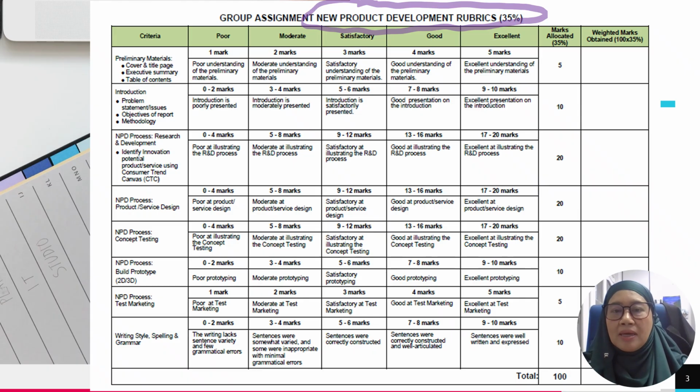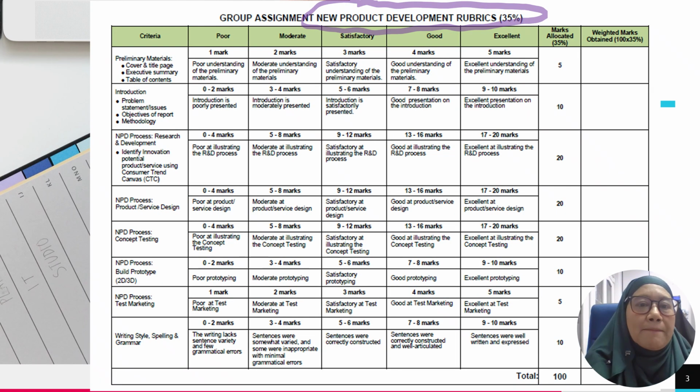You will be working in groups of about 4 to 5 persons, and your evaluation will be based on the content of your report and the quality of your presentation. Let's go through the marking criteria.